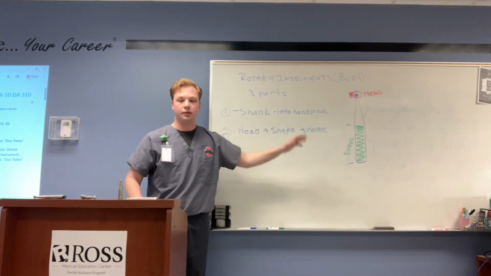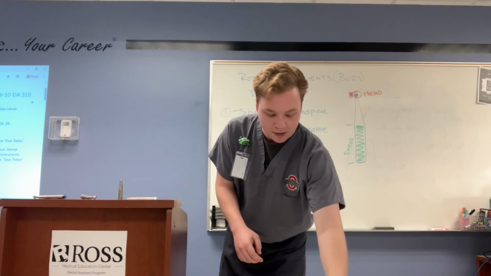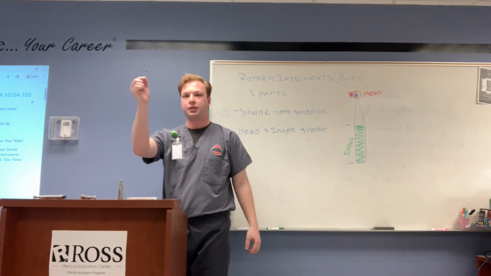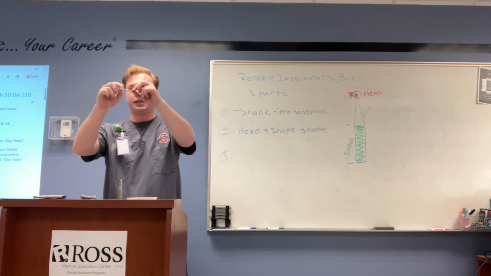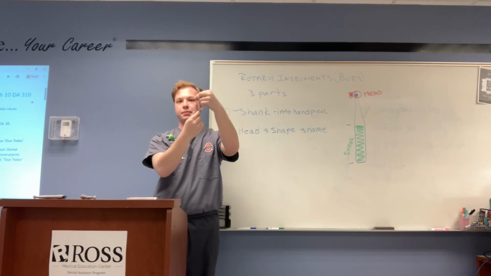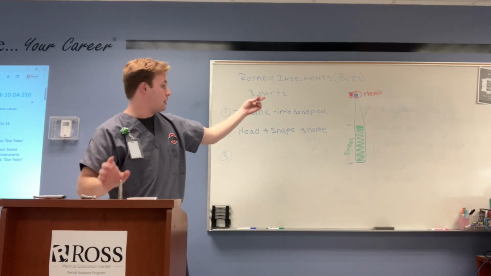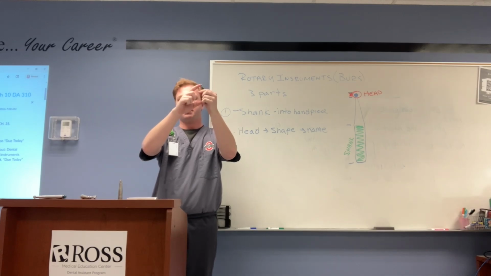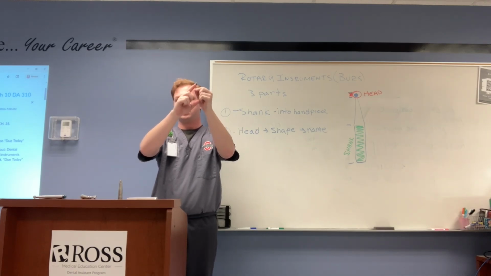So we have our shank. I'm going to use a laboratory bur. Notice how it's a lot larger, and we'll talk about this. But the shank, the long part that we actually put inside of the handpiece. The head of the bur is the thing that gives it the shape and the name of the bur.